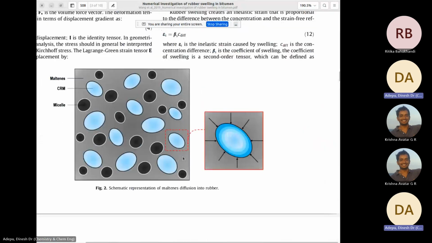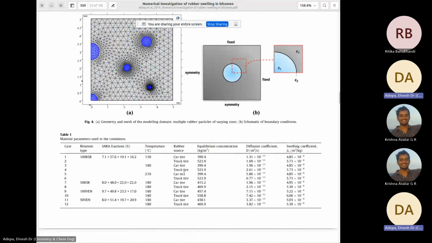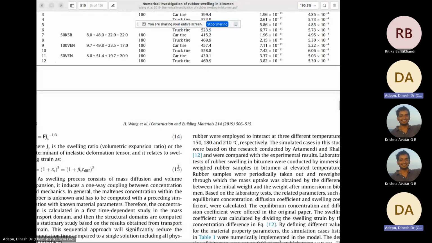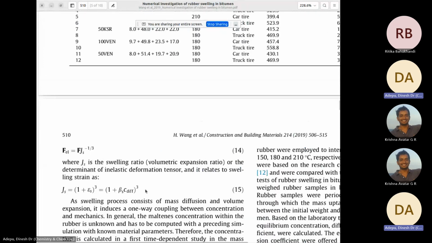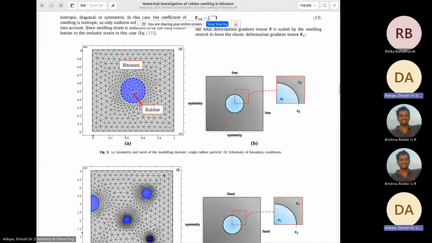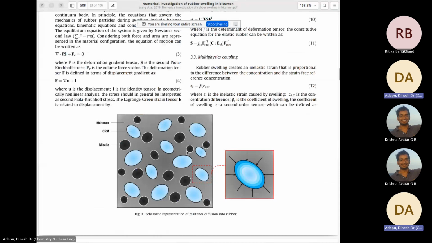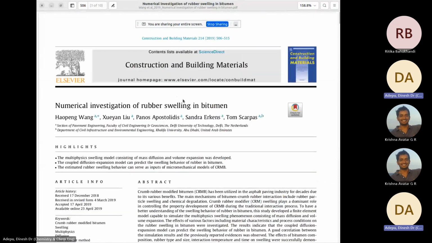Okay, and so how is it doing that? Essentially, this is how you do it. I just want to say that whatever equations you have used, we can actually use them. This is how you mesh it. I don't know how to use FEM here, but I'm trying to do this using particle methods. These are the equations we actually use, from this 2019 paper.